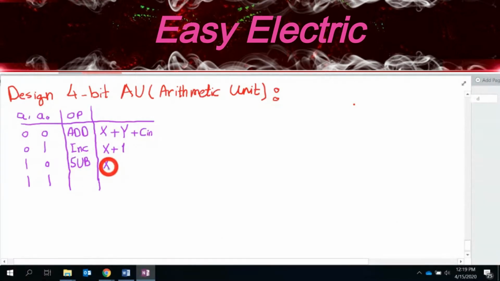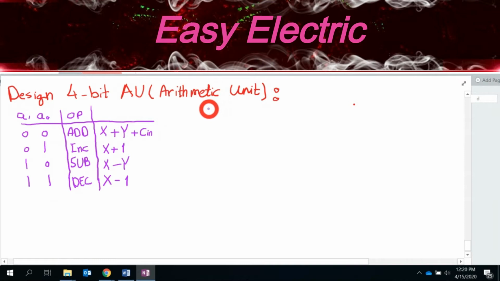Subtraction means it should compute X minus Y. And whenever you have 1, 1, it should be the decrement, right? It should give us X minus 1, okay? So X minus 1.